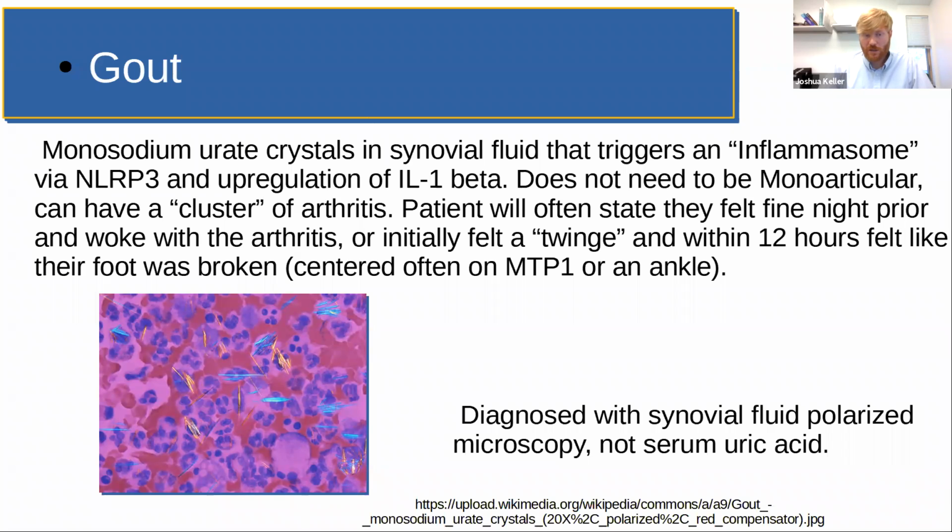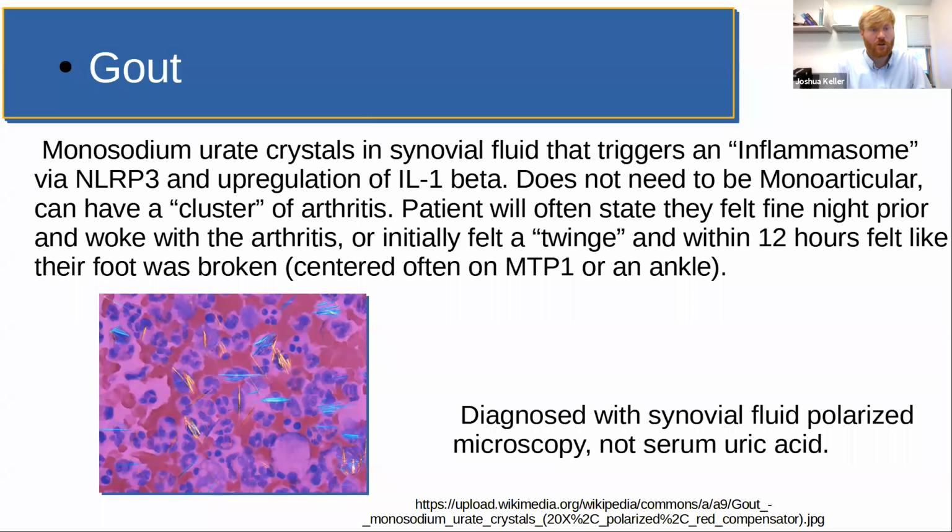While we do classically think of it as one, sometimes two joints, as it progresses over time and becomes more severe, patients often get a cluster, so to speak. They might have a wrist with one or two MCPs and a PIP. So this whole area might be in a gout flare.